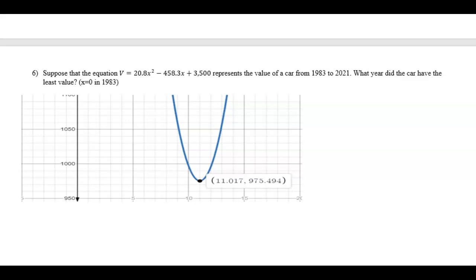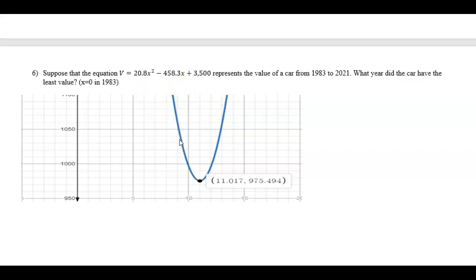All right, so again, I went on Desmos and typed in the function, and that's the graph that came back. If you notice here, we have a parabola, and that parabola opens up.